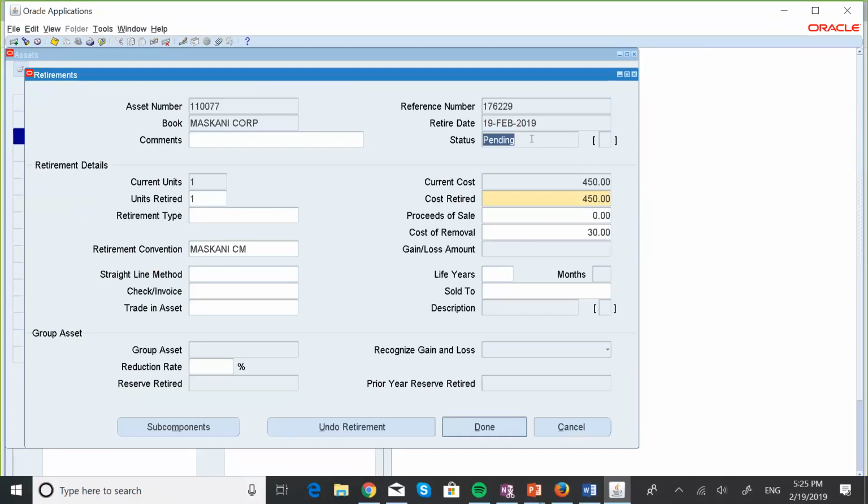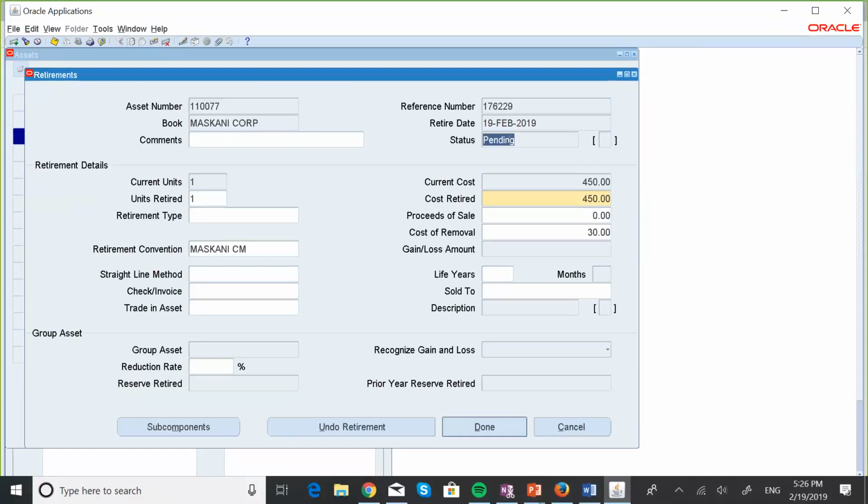Cost has been credited to 0, however, this status here says pending. Why? This will not be complete until we run the calculate gains and losses program, okay? So that is when this will be complete, after we have submitted the gains and loss program.